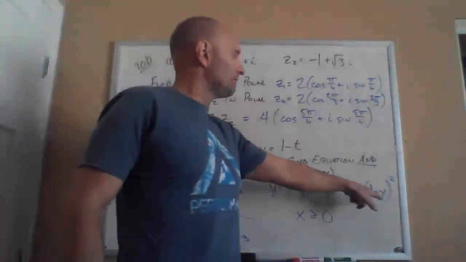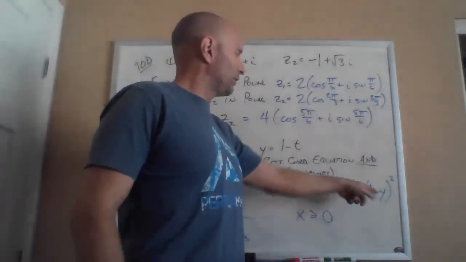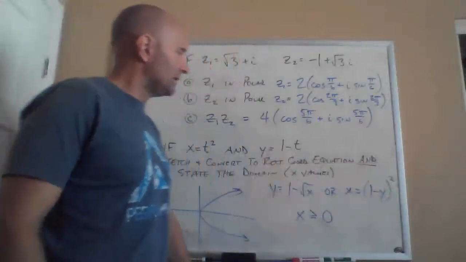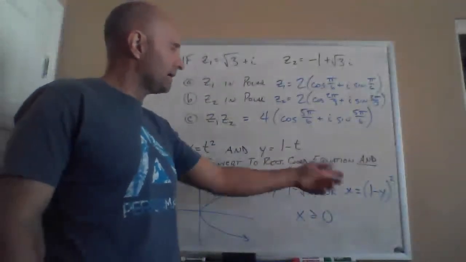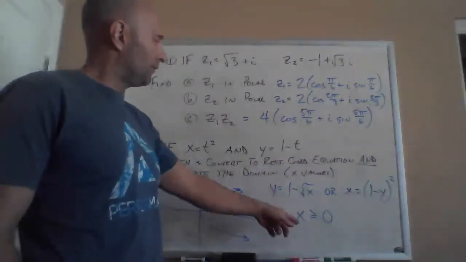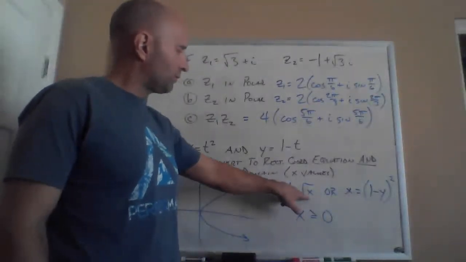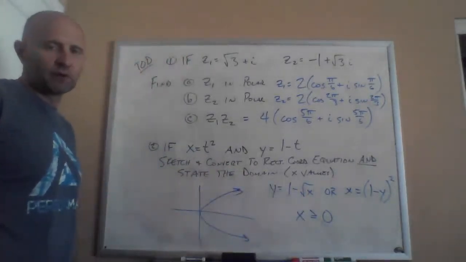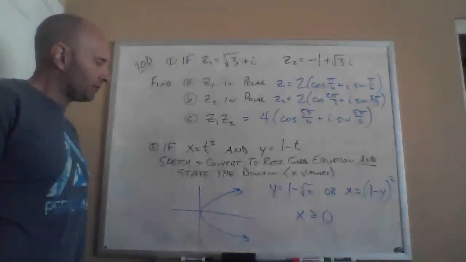But over here, it's still going to be greater than or equal to 0 anyway because it gets squared. So this one is not such a big deal because no matter what you pick for y, x is going to be at least 0. But for the square root version, we're worried about the restriction: x has to be greater than or equal to 0. And that gives us that picture there, the parabola pointing to the right.